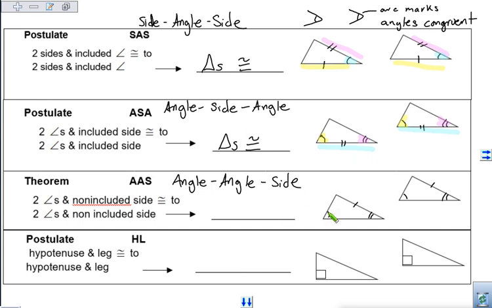So again, you'd have one set of angles marked as congruent, a second set of angles marked as congruent, and then you would have a side that is not between those 2 angles. And when that happens, again, you have triangles that are congruent.